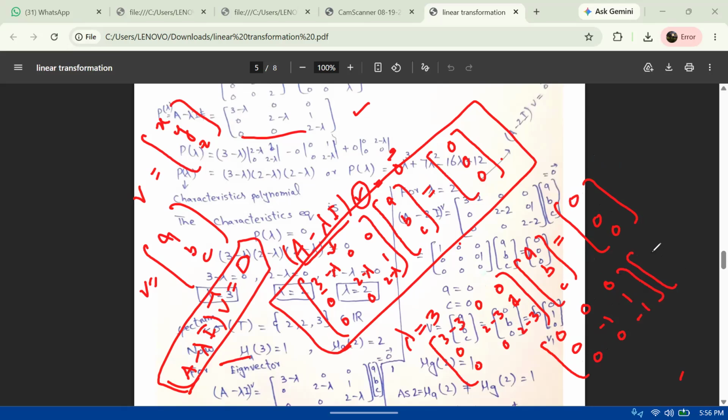Then you have A, B, and C, and the result is 0, 0, and 0.